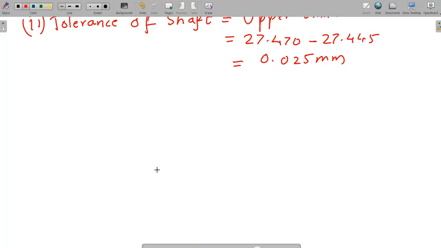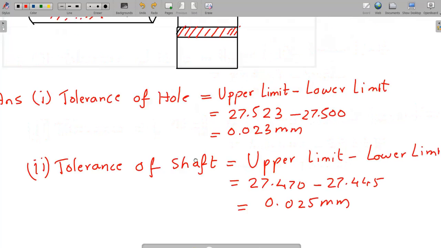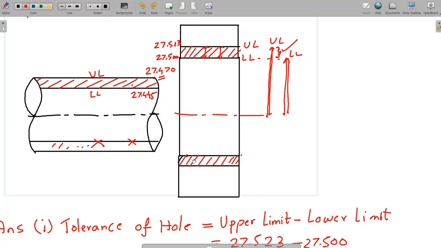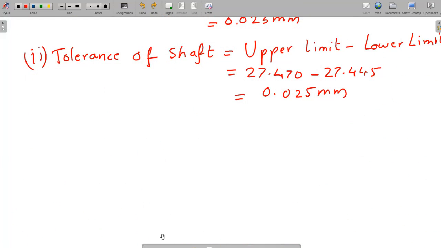What is allowance? See, if I consider one shaft, always tolerance will be there for the shaft, with an upper limit and a lower limit.